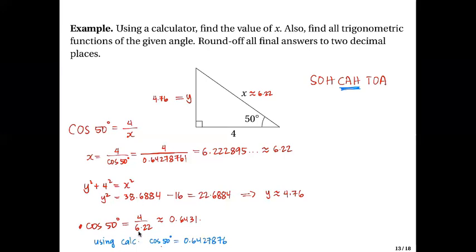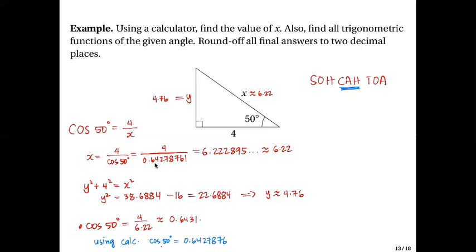So you see what I mean when you do the rounding in every intermediate value. For example, if you round off here, you will get plenty of rounding error. In here, we use 6.22 instead of the longer version. And upon using 6.22, we get 0.6431.